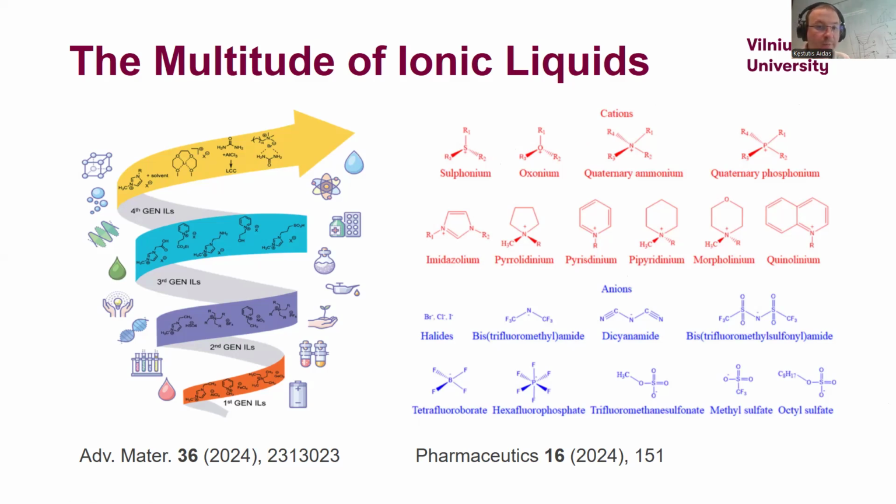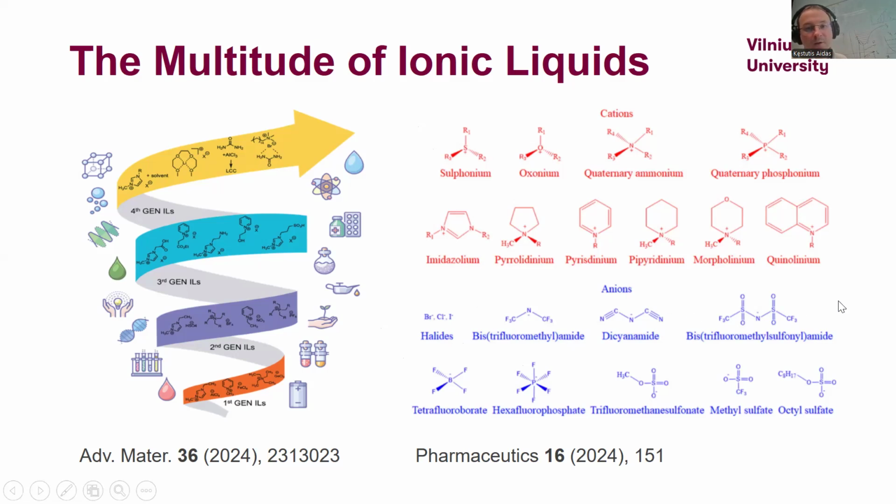But so far, I think just over 500 or 600 different ionic liquids are available commercially, and just above 1,000 have been documented in the scientific literature. So it's not myriad in practice, but on paper that can be done.